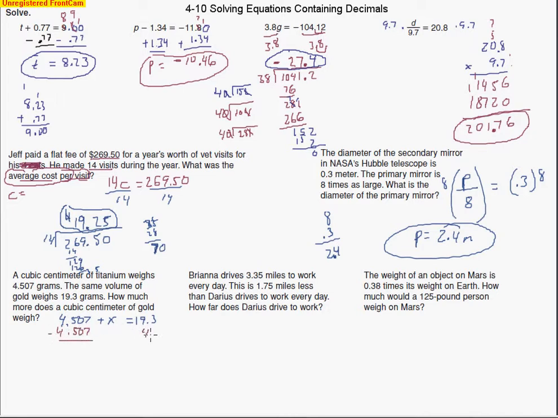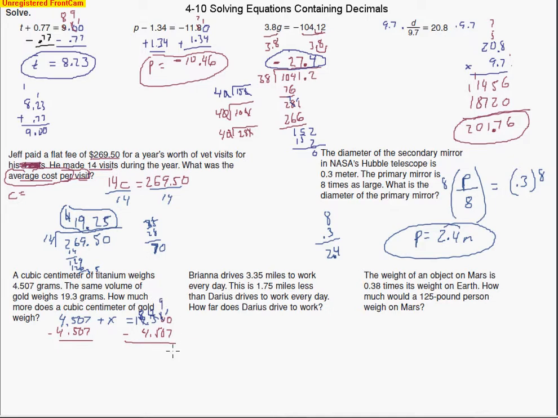Make sure you line up the decimals, though. So you got to line up those decimals, carry some zeros, and then do the subtraction. So I'll need to end up subtracting, so I need to borrow all the way back from the 9, change it to an 8, change the 13 to a 12, the 10 to a 9, and now I can do the subtraction.